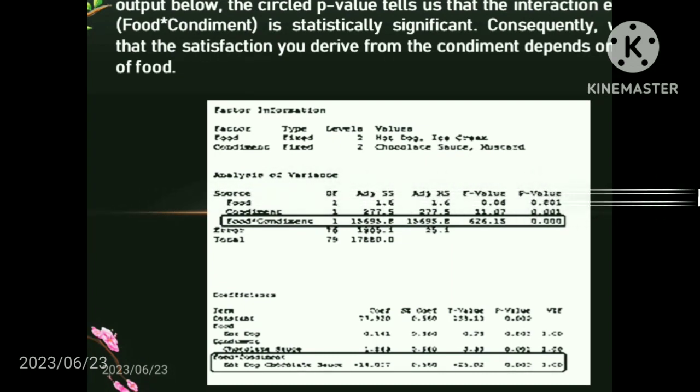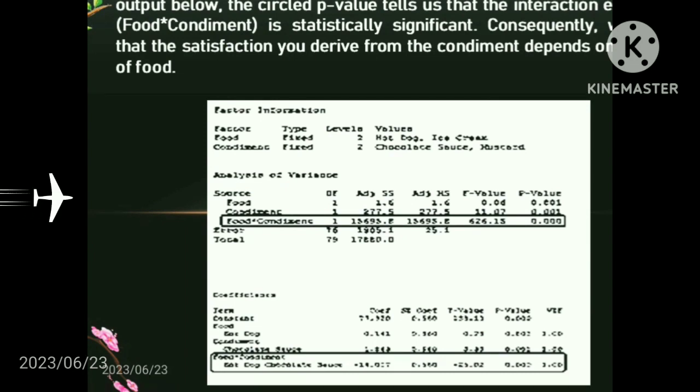0.001. And then the relationship between the food and condiment, our degree of freedom is 1. Adjusted sums of squares is 15,695.8, same with adjusted means of squares. Our F value is 626.515. Our P value is 0.000. And then the error degree of freedom is 76.